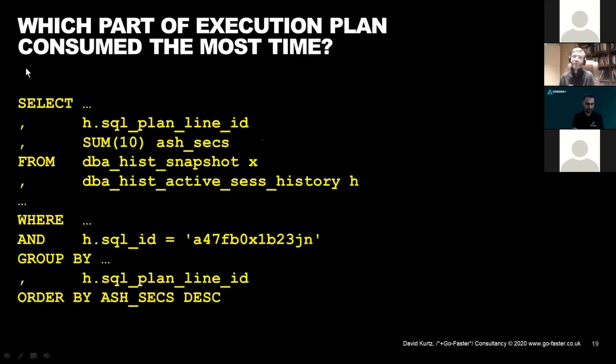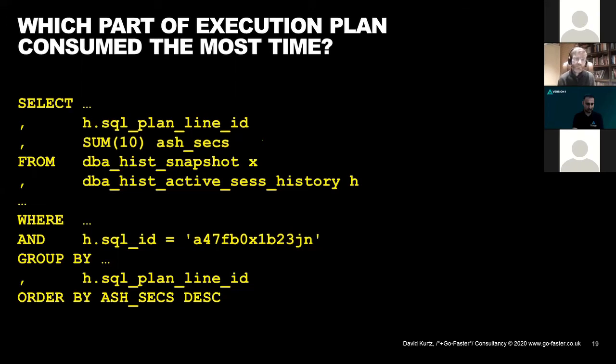Now, you can look at an execution plan and you can get an idea of where the cost is. But sometimes it's not obvious from an execution plan to see where the cost is. So I tend to profile an execution plan by the line ID to say which line is taking the most time.